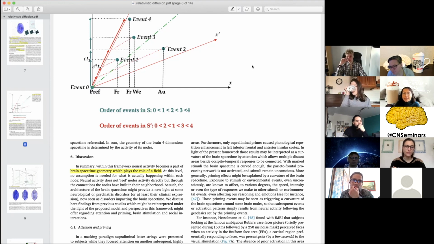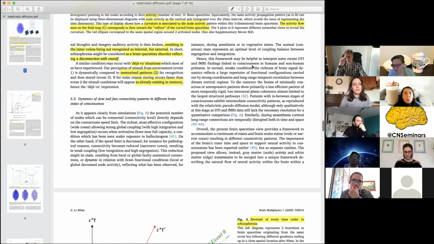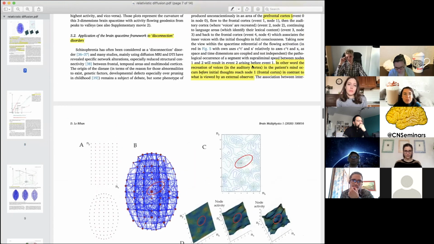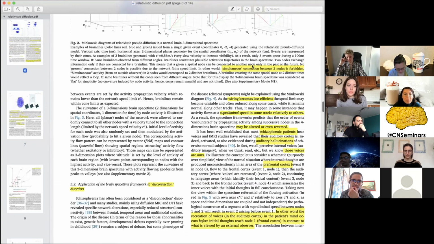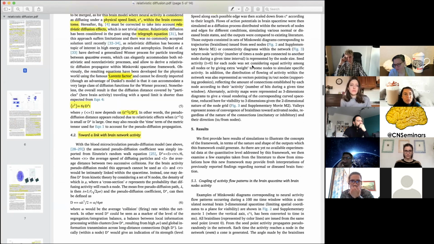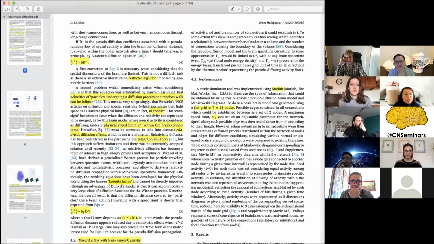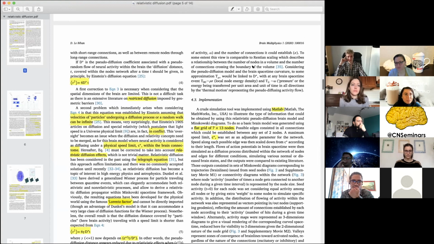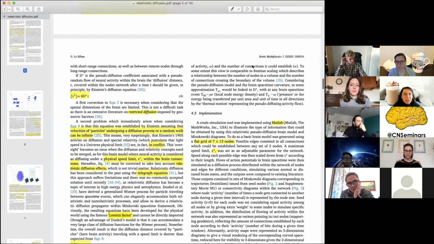Maybe it's too fast. Can we use this in some applications in what we are studying in pathologies, or is it just a new framework that we can think about?